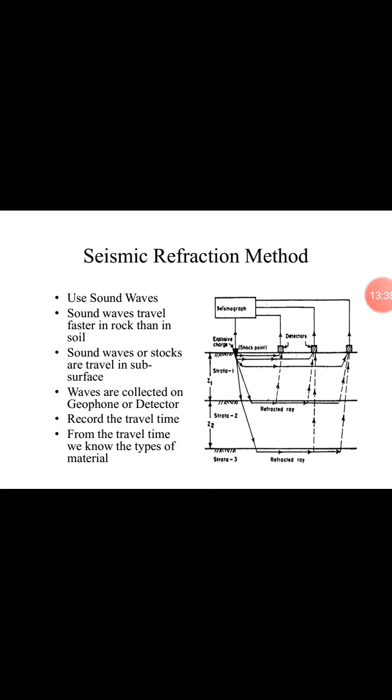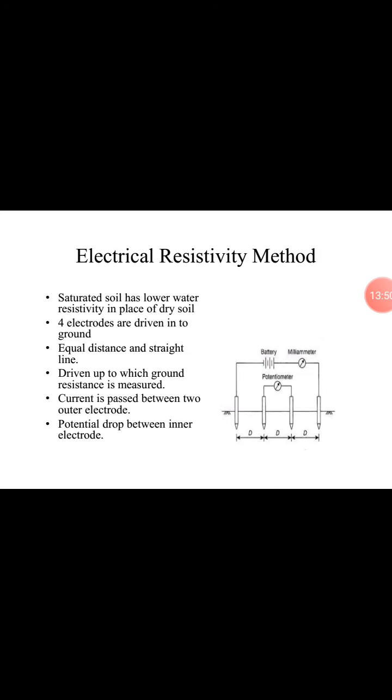Here one transmitter and one detector are required, and we record the travel time, and from the travel time we know the type of material or soil. So in the seismic method, sound waves, a geophone or detector, and a transmitter are compulsory.